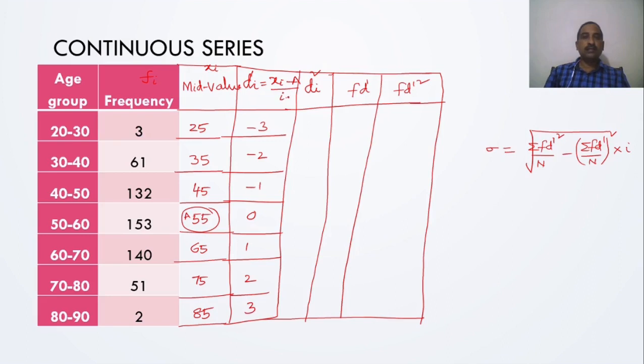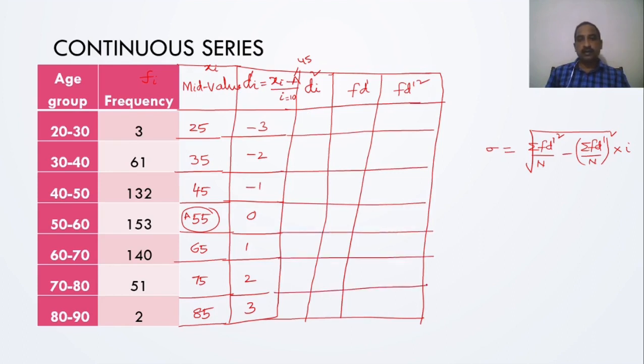Here i equals 10, A equals 55, and xi is nothing but the mid value. Whenever you are obtaining d dash square, it is 9, 4, 1, 0, 1, 4, 9.